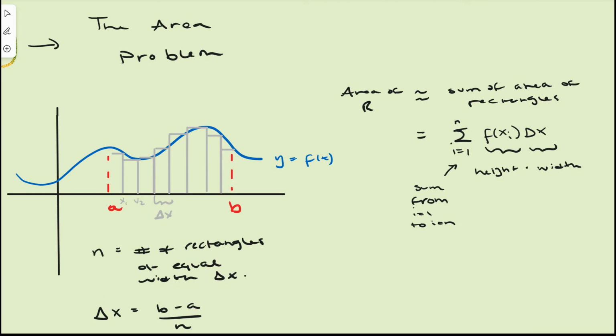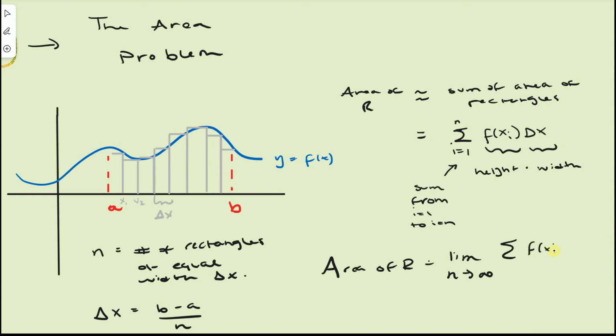So now if we were to take the number of rectangles n to be larger and larger and larger still, we would see that the area inside of the rectangles is getting closer and closer and eventually coinciding with the area of the region R, right? So what we have is that the area of R is equal to the limit as n goes to infinity of this sum here, right?